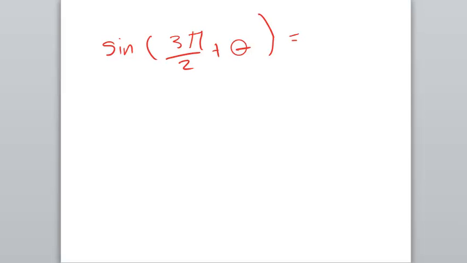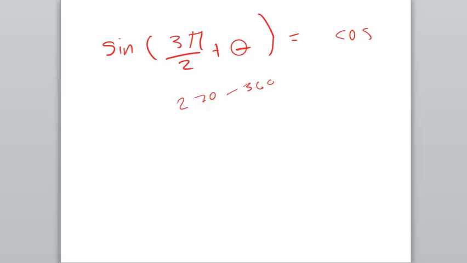It is equal to the cofunction, so it will be a cos. So 3 pi divided by 2 is 270, and with the plus it will be between 270 and 360.